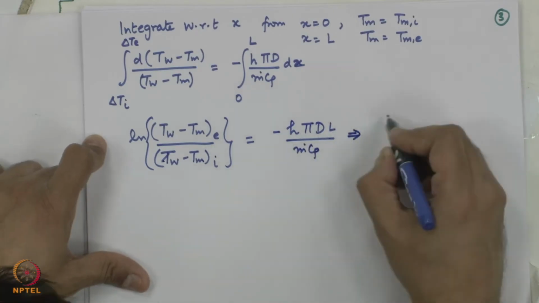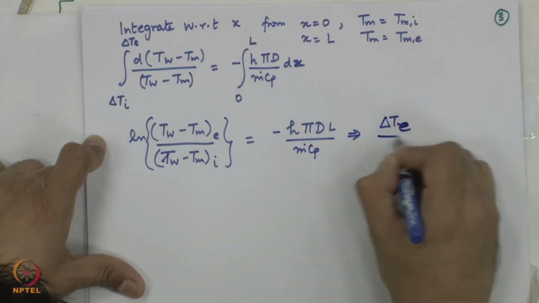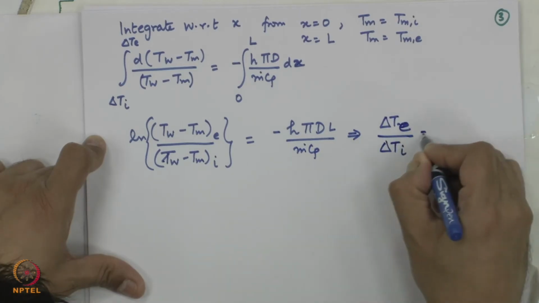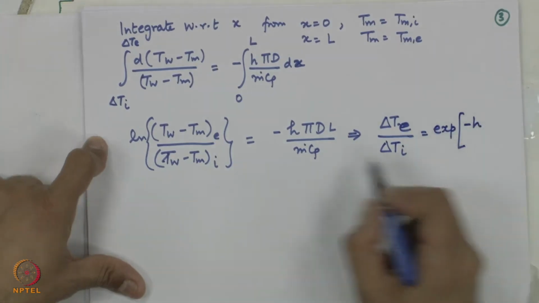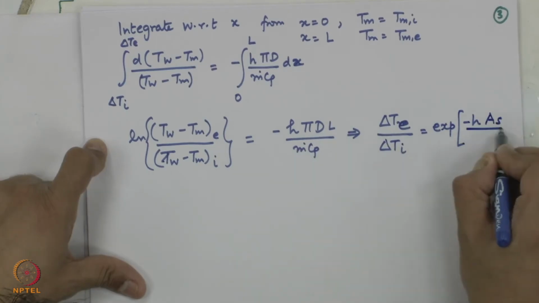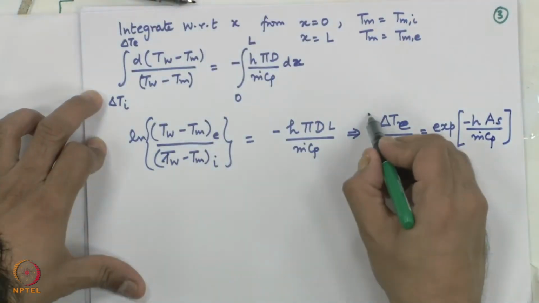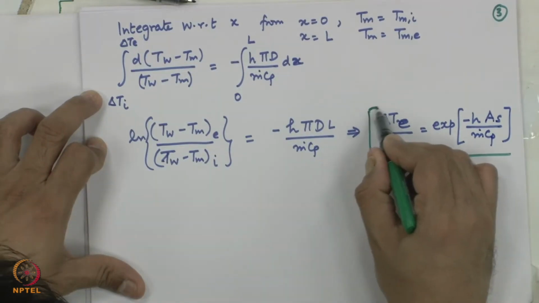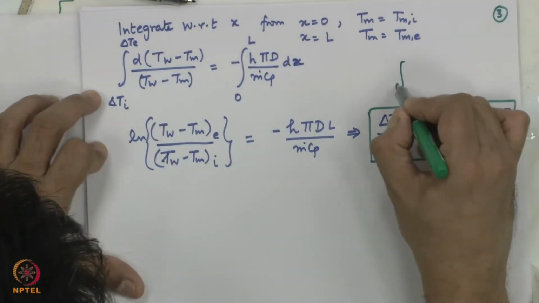On separating, you would get delta T bulk mean at exit divided by delta T at inlet is equal to exponential of minus h into pi d L, which is nothing but the surface area, over m dot Cp.